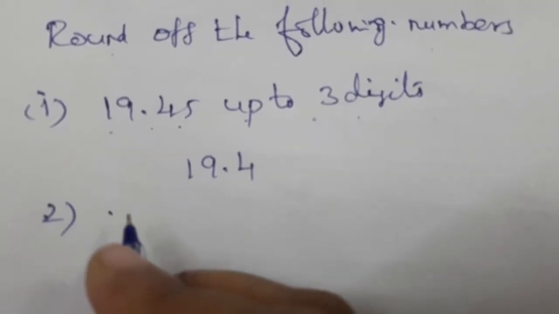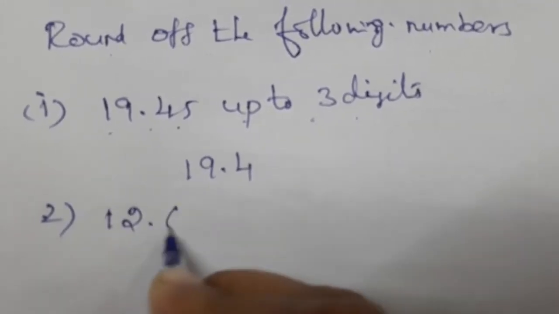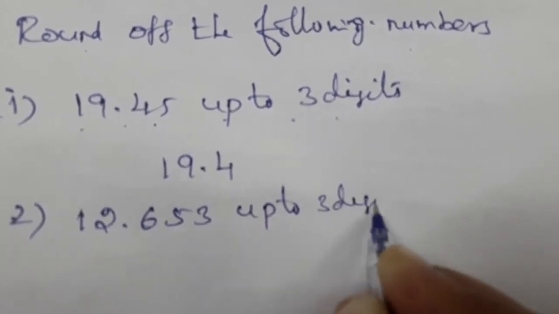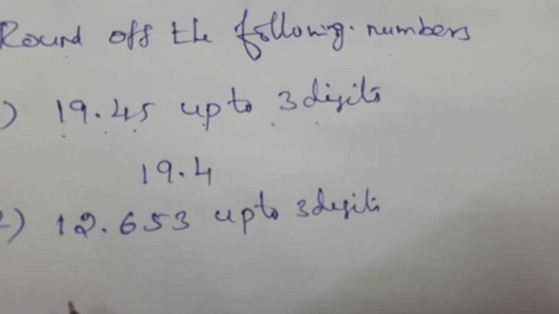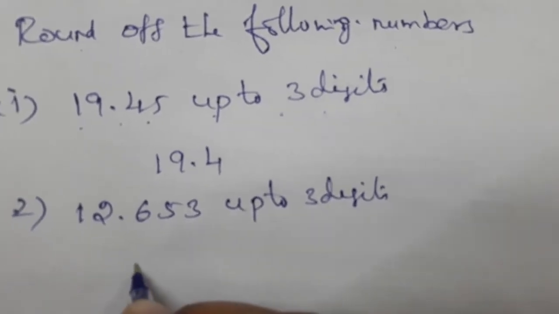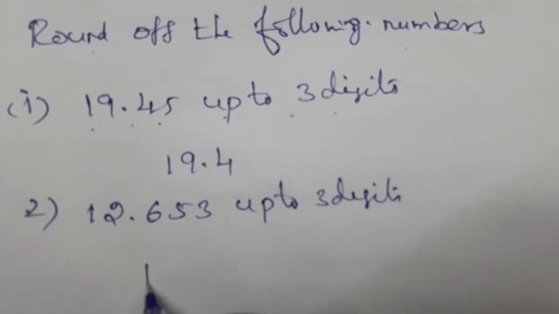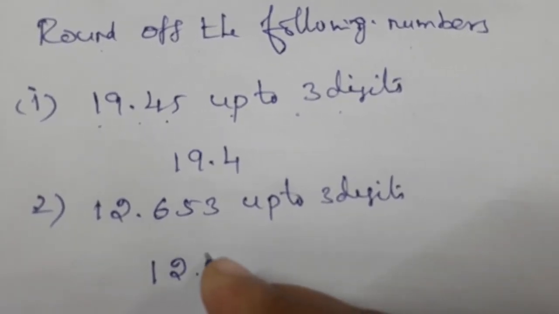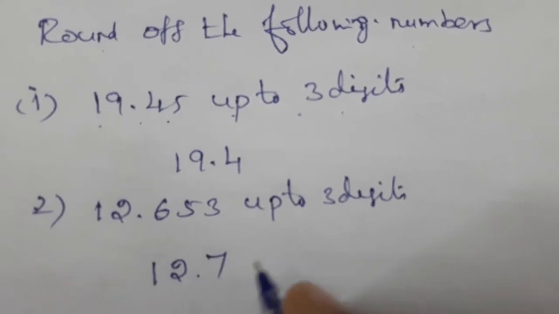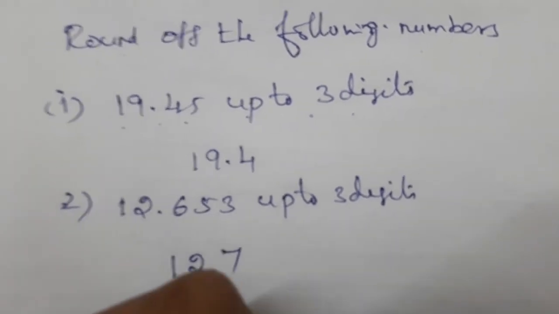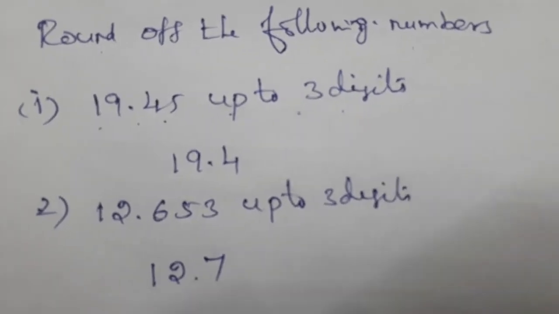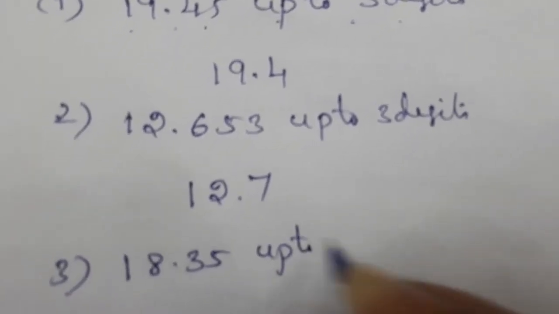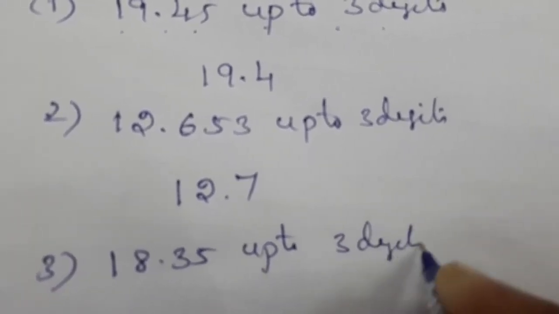Another example. 12.653 up to 3 digits. So here the answer is 12.7. 18.35 up to 3 digits.